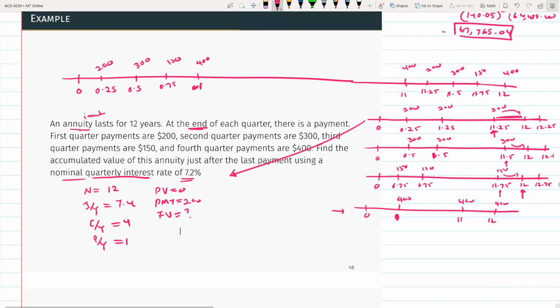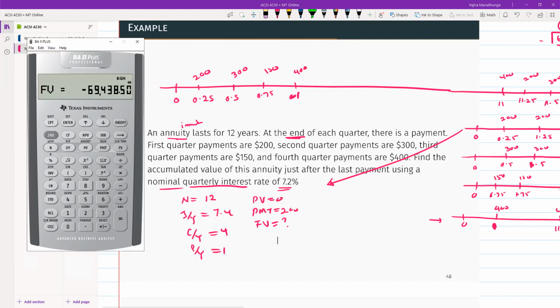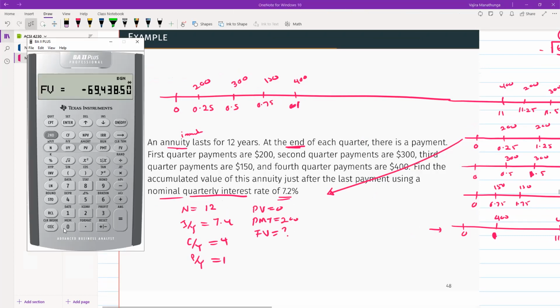So let's calculate this and get the answer. So here, let me reset. Okay, it's annuity immediate, so it's not begin mode. So n is 12, and 7.44 rate.